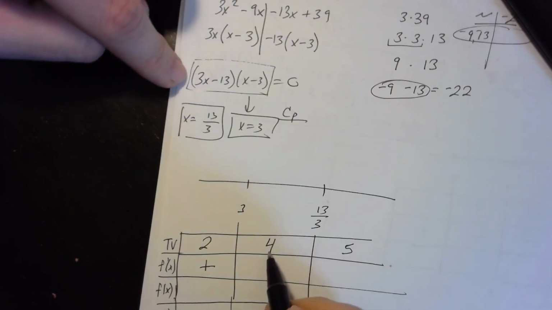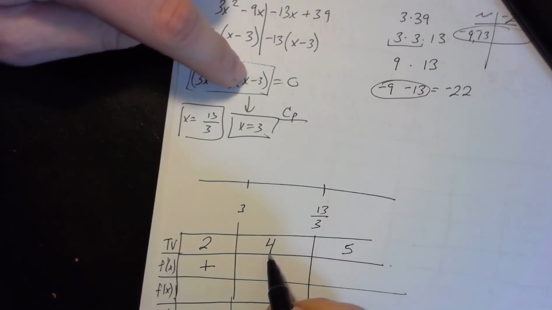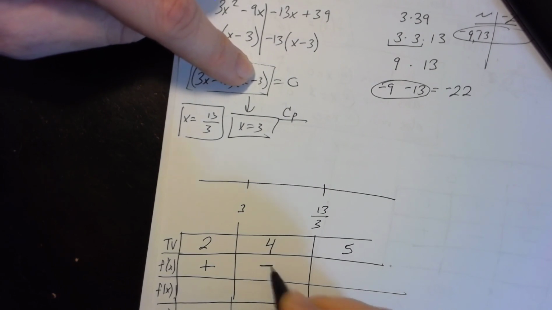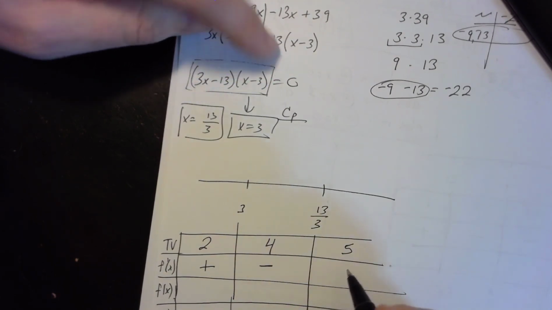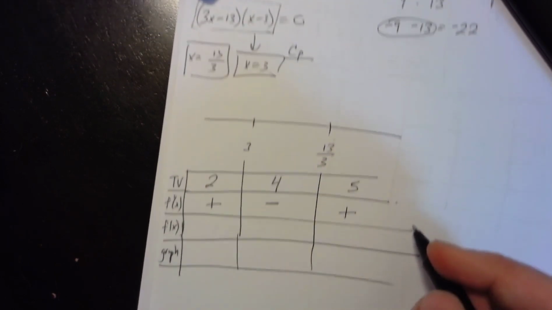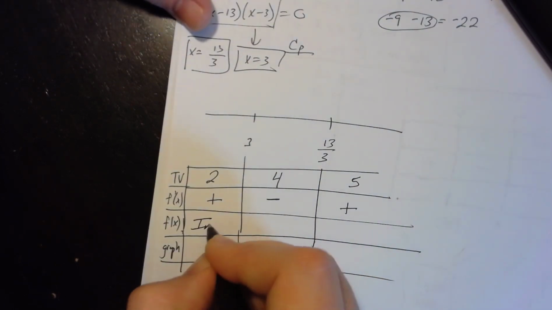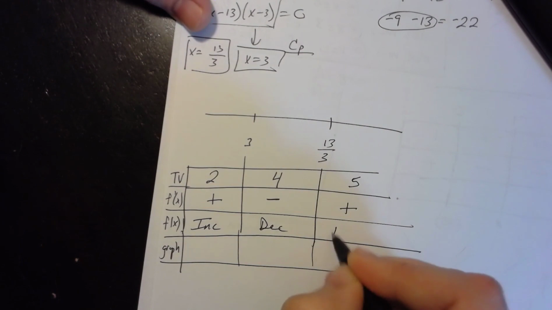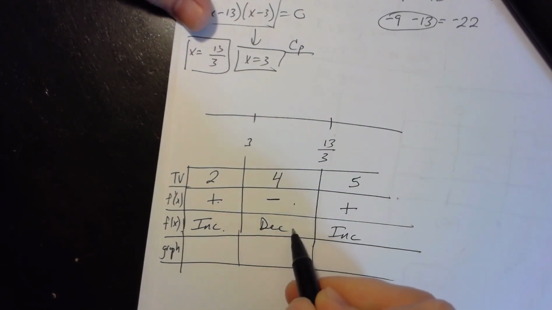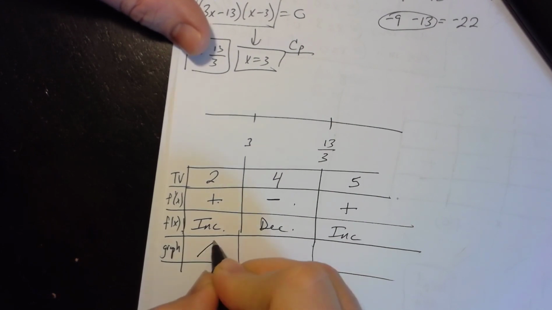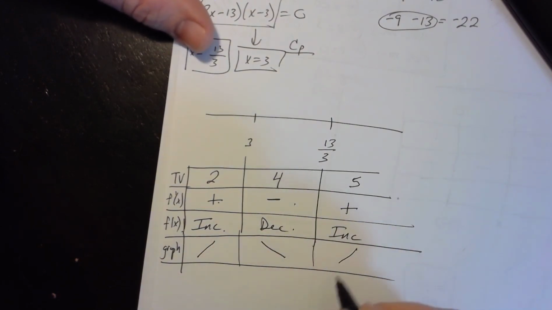Do the same thing with 4. We get 12 minus 13, which is a negative, but 4 minus 3 is a positive, so it ends up negative. When I plug in 5, it's 15 minus 13, which is a positive, and 5 minus 3, which is a positive. So those are the signs of what I have. Therefore, I'm going to have increasing, decreasing, and increasing, because a positive derivative is increasing and a negative derivative is decreasing. That means I'm going to have a graph that goes up, down, and up.